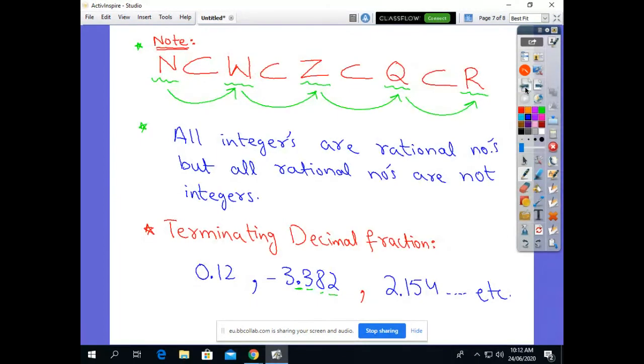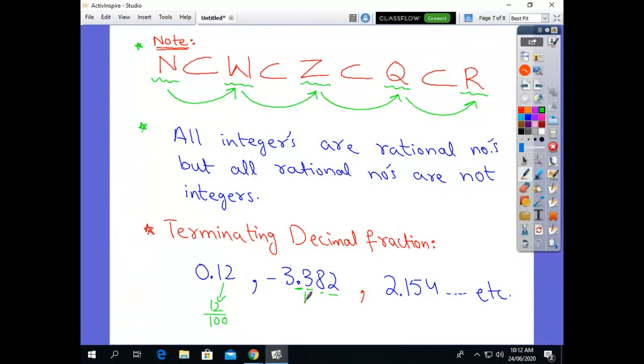Why do we call these numbers rational numbers? Because we can write 0.12 as 12 over 100. That is, we can write it in division form, that is p over q form. That's why this number is a rational number.